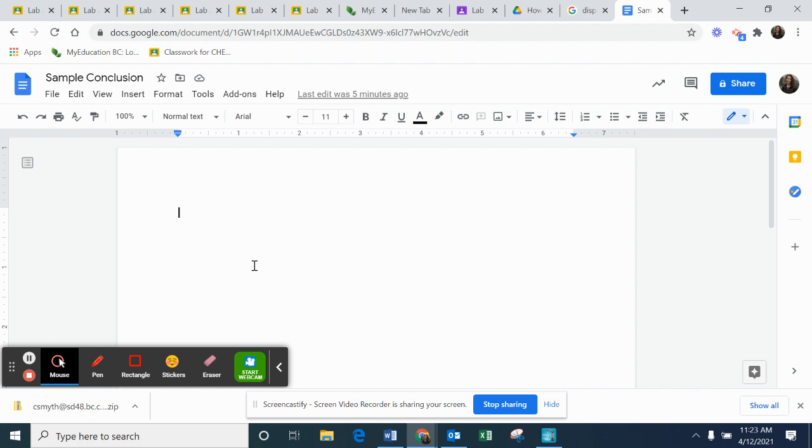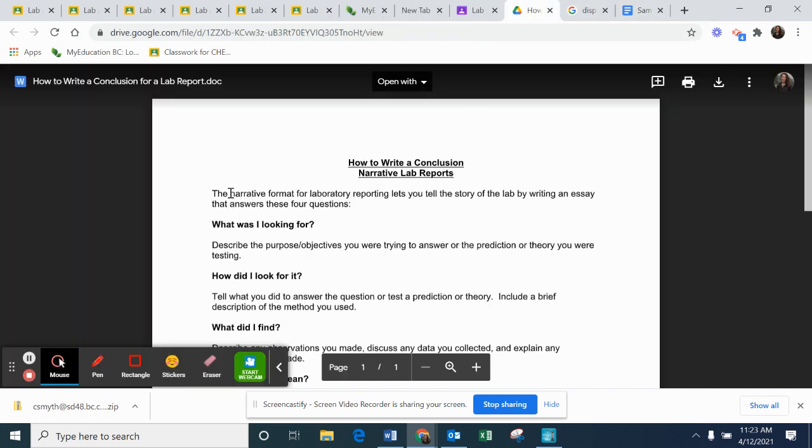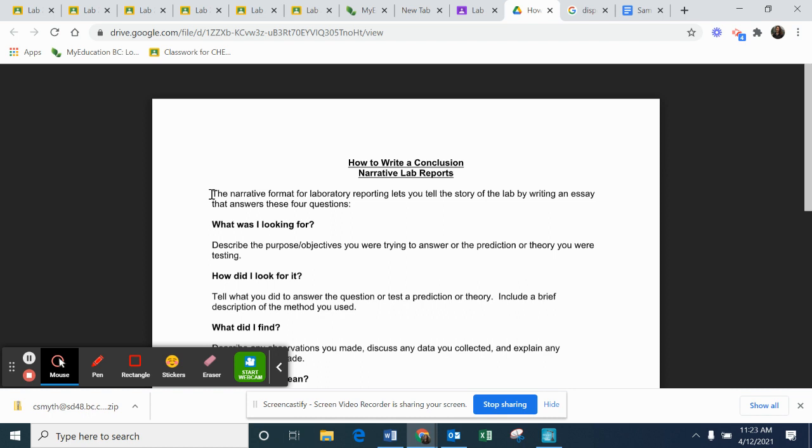The main issues that I saw with your last ones were a lot of people were rewriting the procedure and rewriting the objectives instead of telling the story of what happened during their lab, and inferring their results. A conclusion is the narrative part of your reporting.